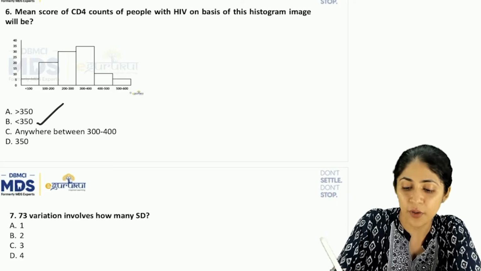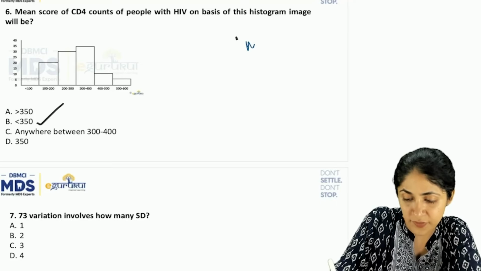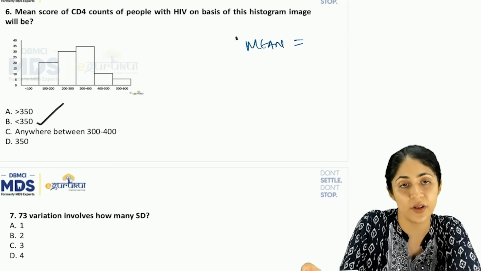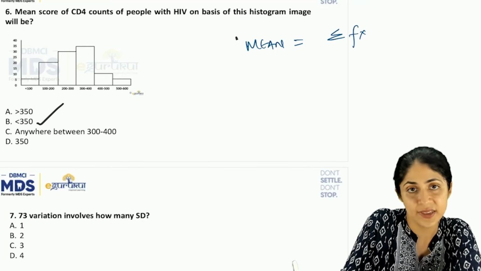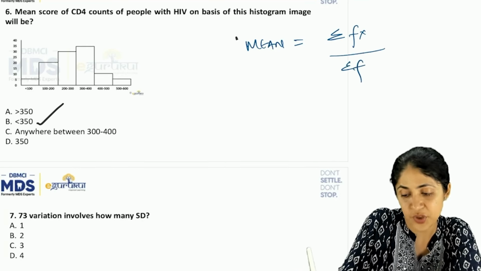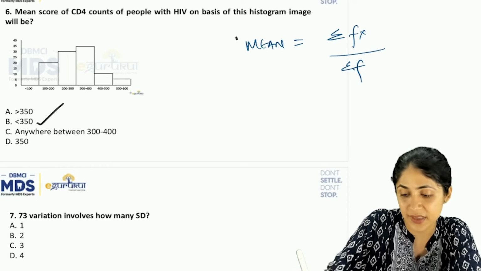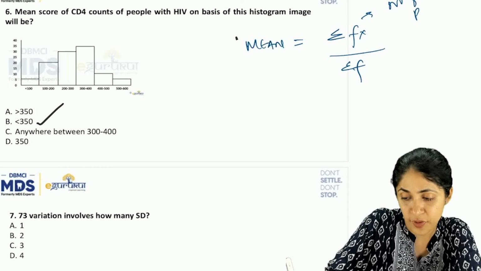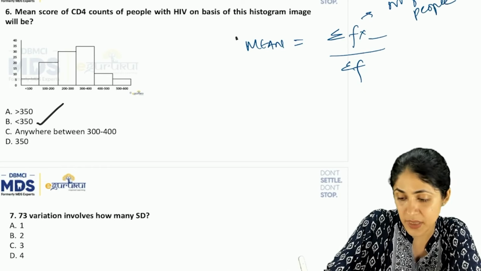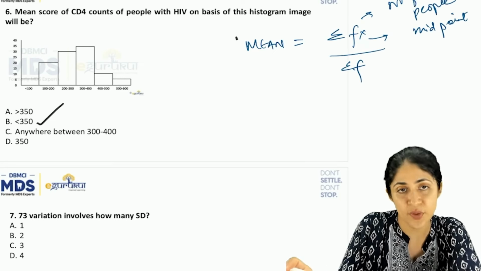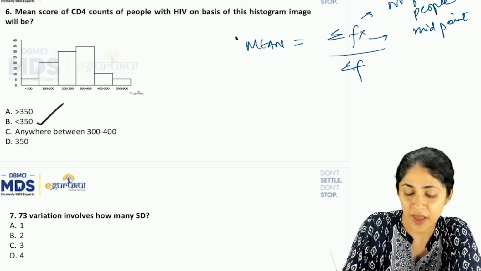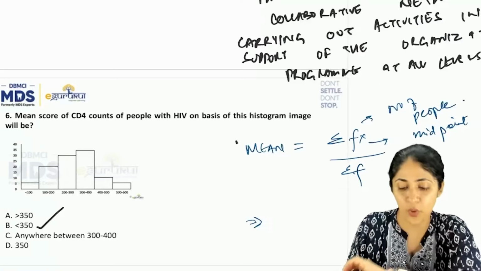Okay. So now basically this is the formula that we used, which is mean. To calculate the mean, the formula is summation of fx divided by summation of f. F means the number of people, and x means the midpoint. So in this, what did we do? We summed all the observations.